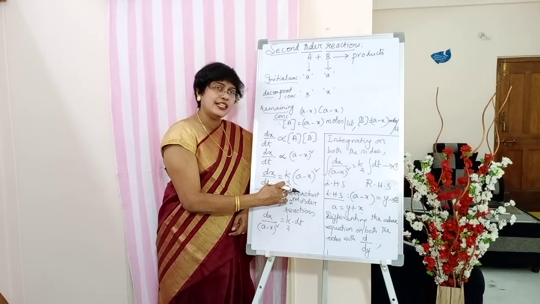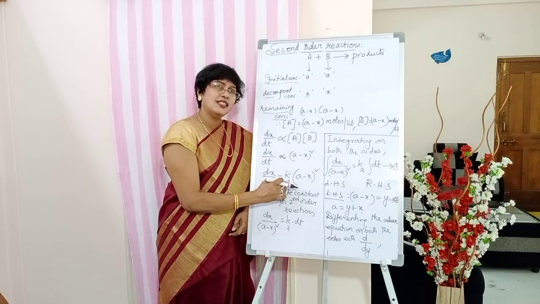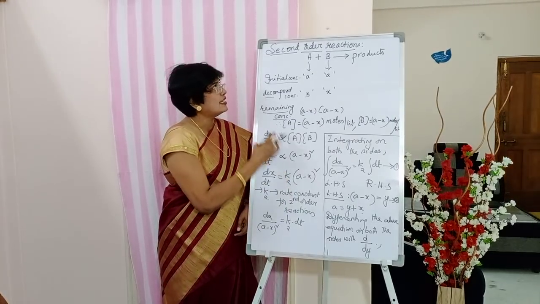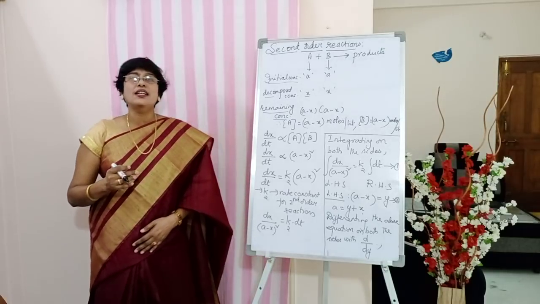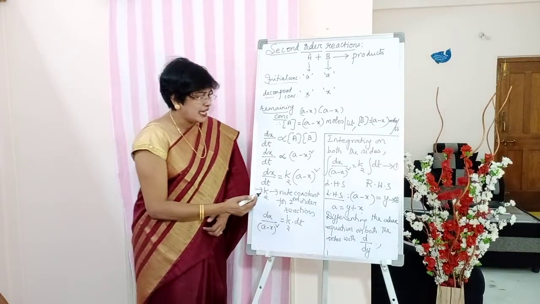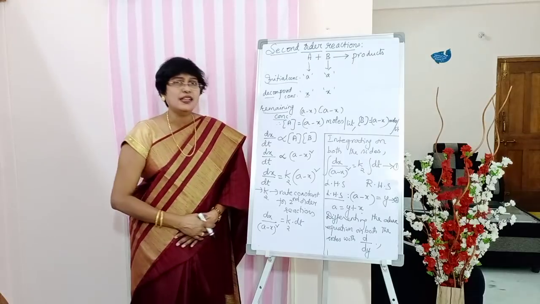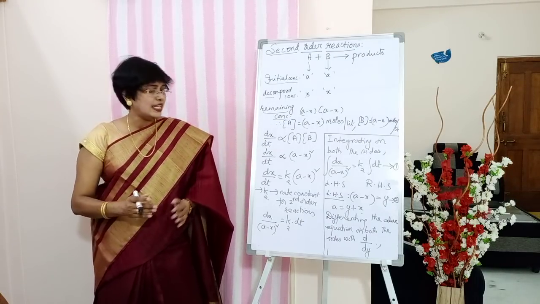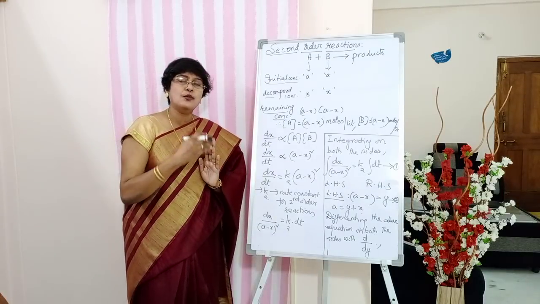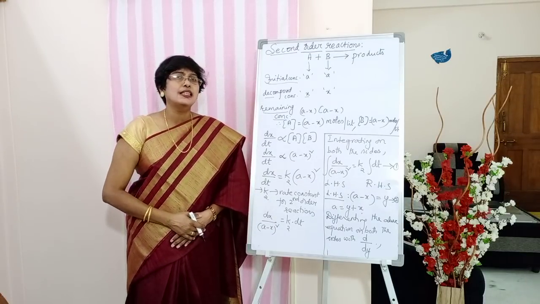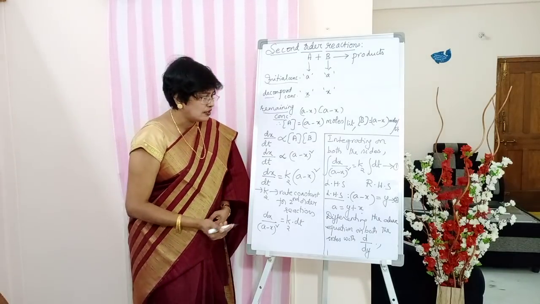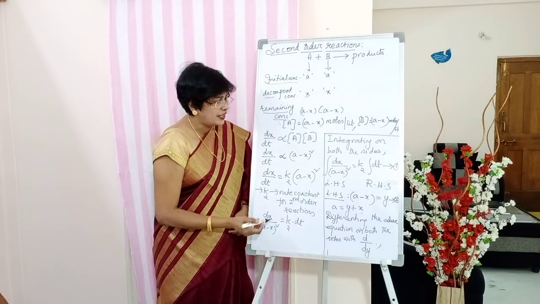Why have we taken K2? K is the rate constant, but here we have taken K2 because we are doing it for second order reactions. So, K2 is the rate constant for second order reactions. Till here, almost the same as we followed for first order kinetics. Next step is also almost the same. What did we do there?